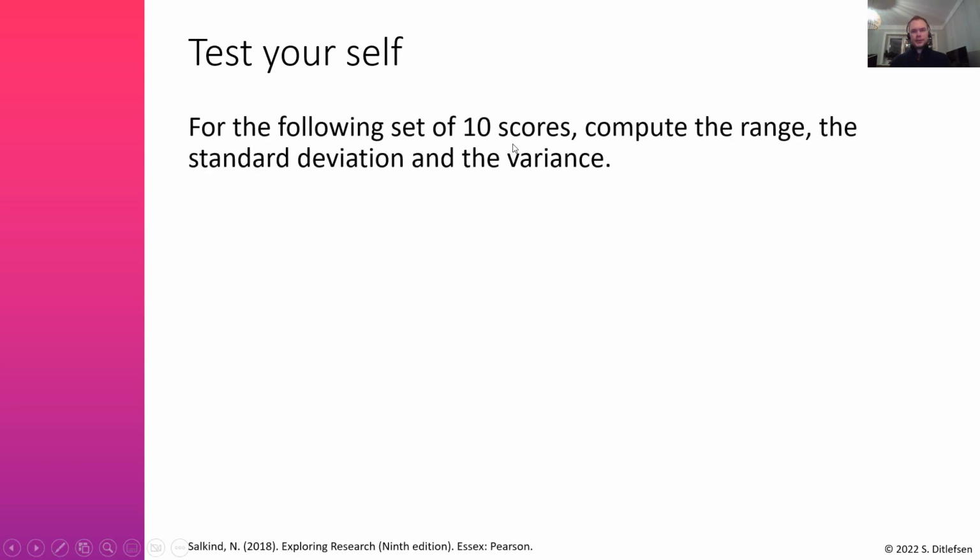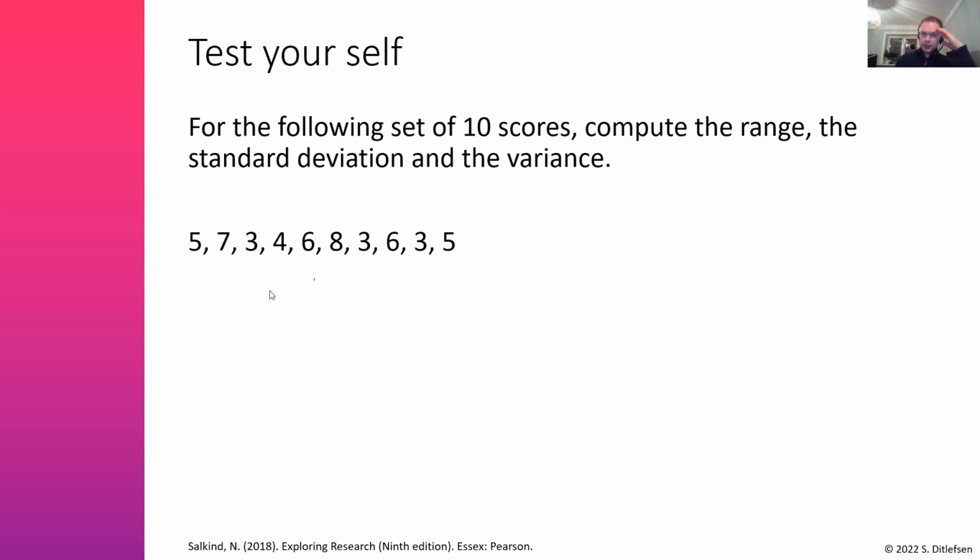For the following set of 10 scores, compute the range, the standard deviation, and the variance. Okay, let's think of the range first. First, we need to sort them from low to high. So here, 1, 2, 3, 4, 5, 6, 7, 8, 9, 10. So we need to sort them from low to high.